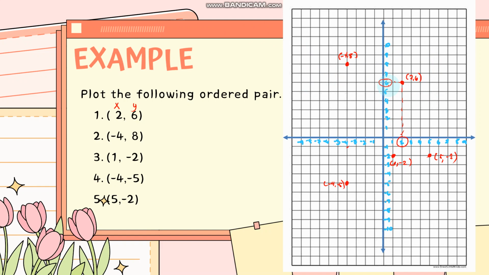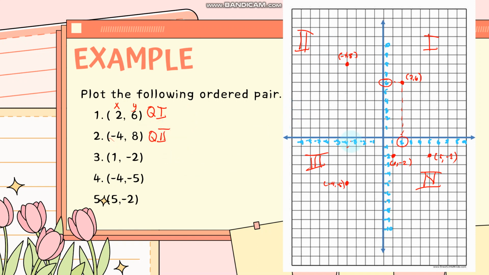So, 2 and 6 po, ayan. Ito po yung first quadrant, second quadrant, third quadrant, and fourth quadrant. So, yung 2 and 6 po, that is in the first quadrant. Then, negative 4 and 8, ito po, nasa second quadrant.